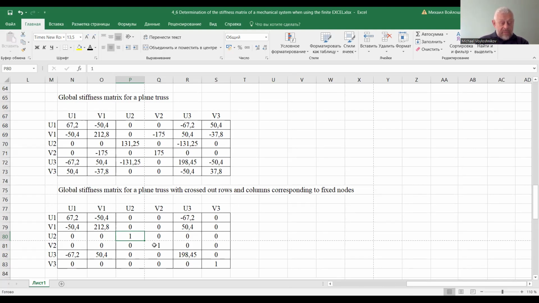The node 2 is a fixed hinge, so the displacement along the ordinate axis is not possible as well. So we specify 1 in the stiffness matrix, considering the conditions of the support in the ordinate direction of displacement, not possible of the node 2.